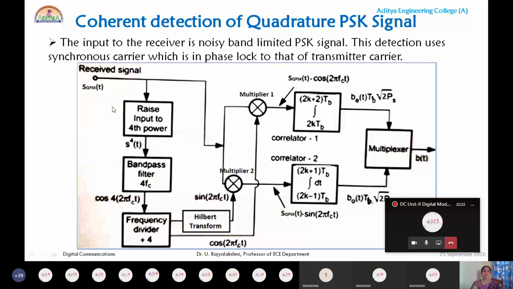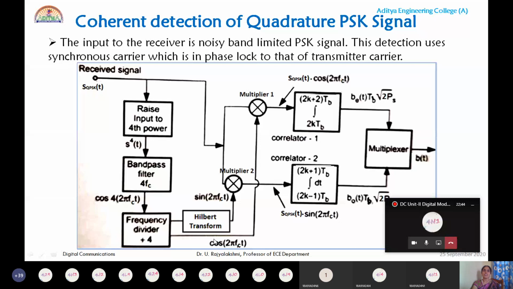It groups two symbols. So use the factor of 4 everywhere. Raise the input to the 4th power, and similarly band pass at 4 fc and frequency divided by 4. Then what is the generated carrier? The synchronous carrier, that is cos 2 pi fc t.